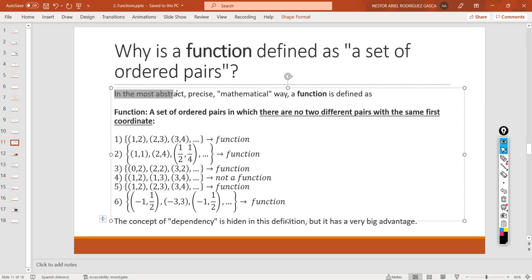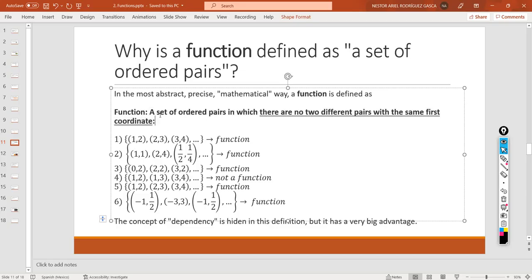Let's read. In the most abstract, precise, and let's say mathematical way, a function is defined as the following. A function is simply a set, un conjunto, of ordered pairs, de pares ordenados, in which there are no two different pairs with the same first coordinate.